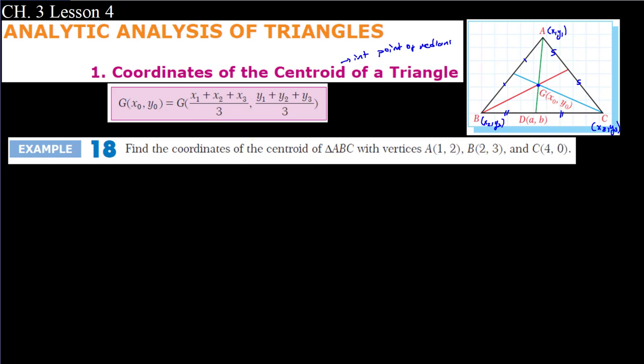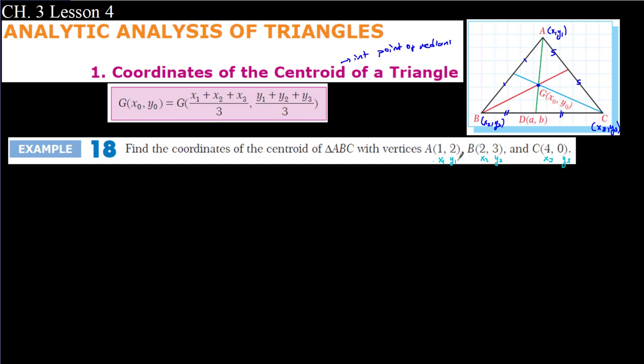Let's find the coordinates of the centroid of the triangle with the vertices (x1, y1), (x2, y2), and (x3, y3).